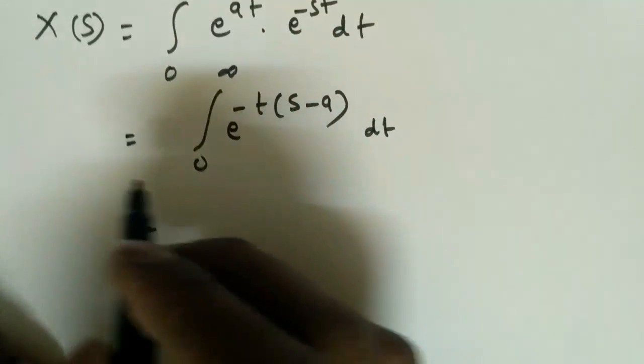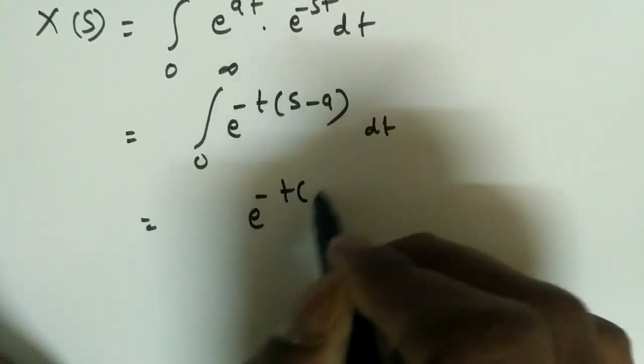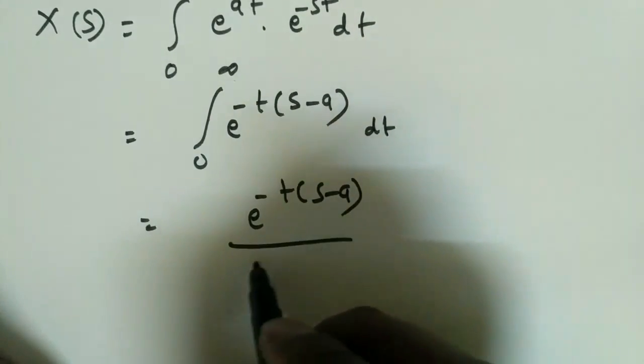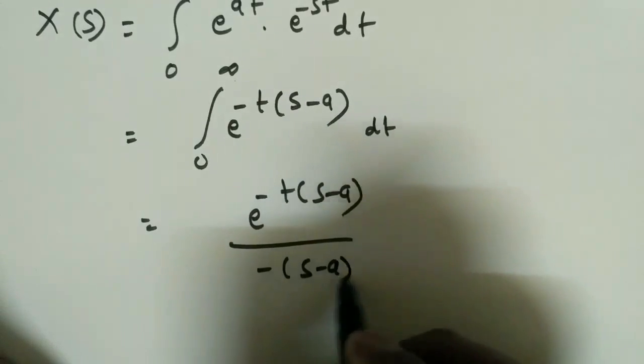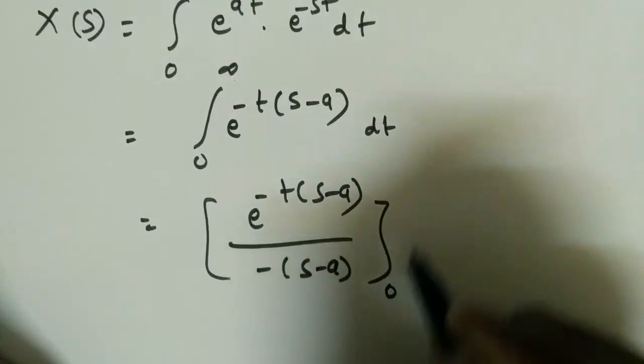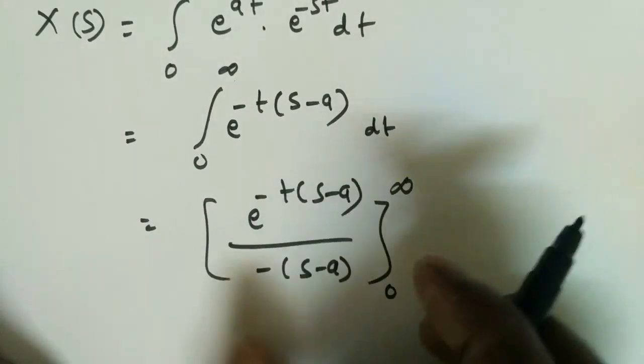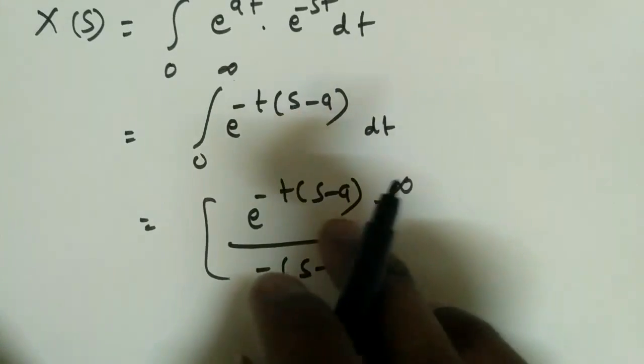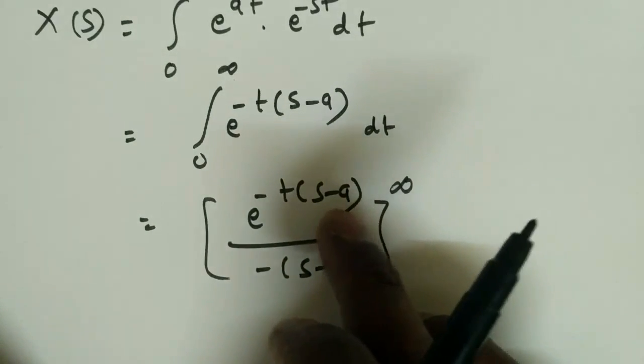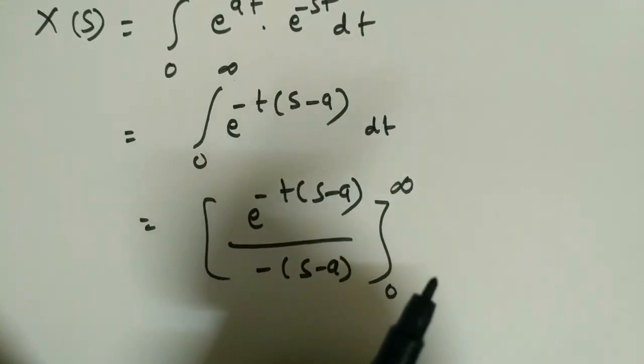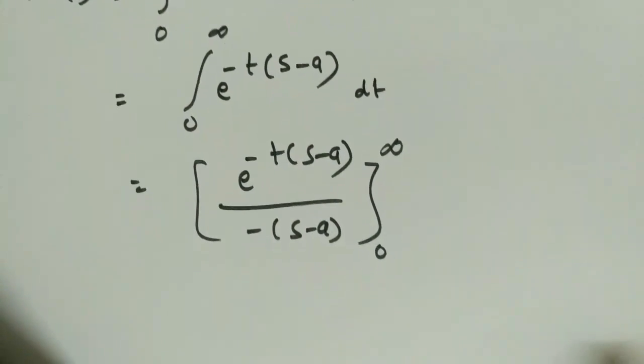Now what is the integration of e power x? It is e power minus t into s minus a, divided by minus of s minus a. Now you can stop the video and find the values of a for which this term will converge, right? How to find that?